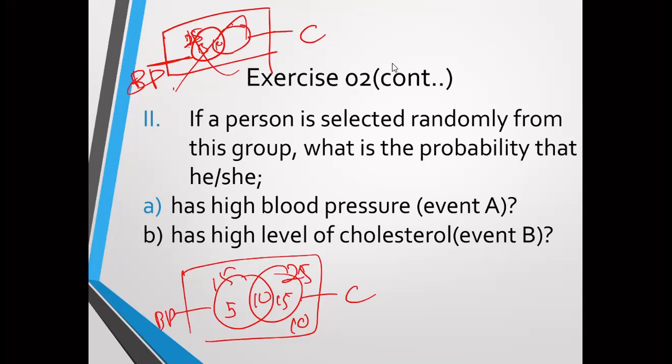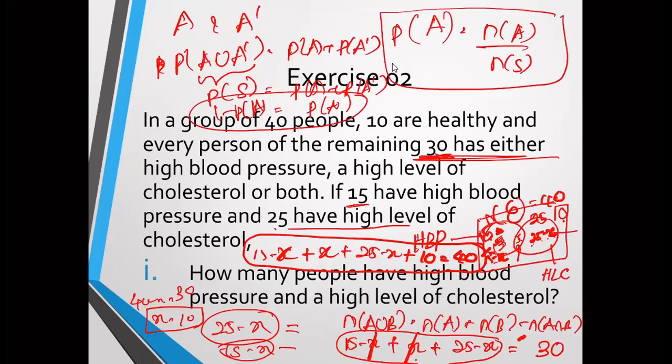We are done, right? Now we have to answer these questions by looking at the Venn diagram. What is the first question? The first question was to find the number of people who have high blood pressure and high level of cholesterol.